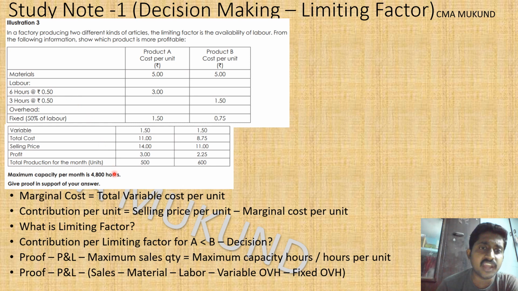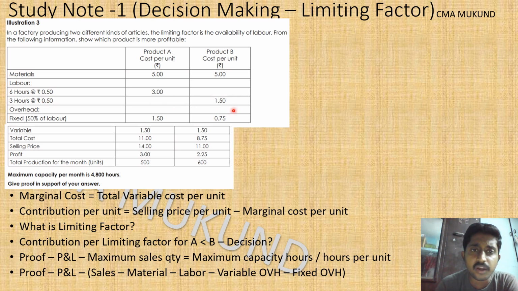So 4,800 divided by 6 hours is 800 units of product A. If you do the same calculation for product B, you have 4,800 hours of capacity and 3 hours are required for making product B. In this case, you can make 1,600 units of product B.